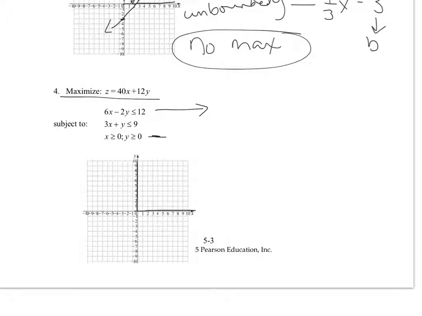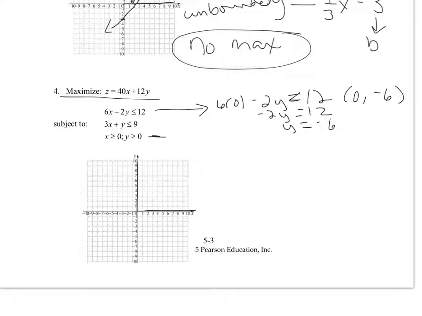Let's look for the intercepts. So if we put in 0 for x and set this equal to 12, we're going to get a negative 2y equals 12. So y is going to equal a negative 6. That tells me 0, negative 6 is going to be a point on the graph.